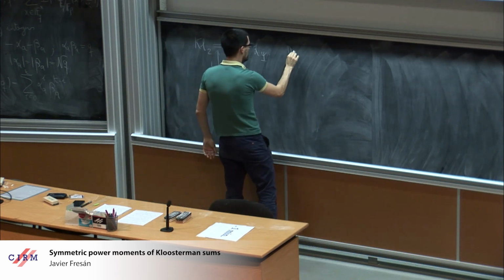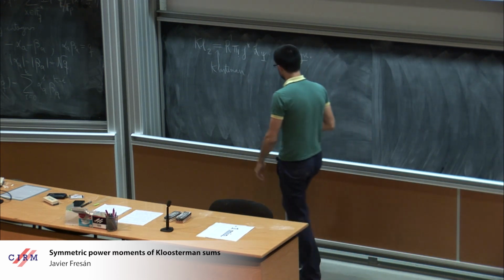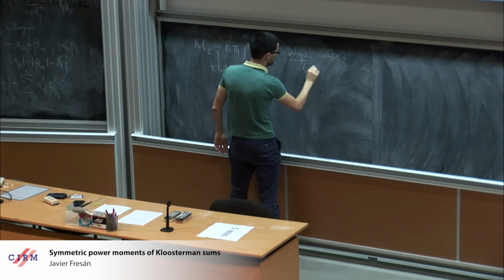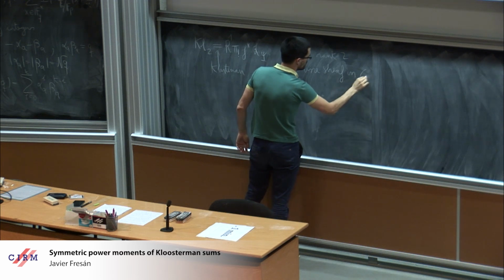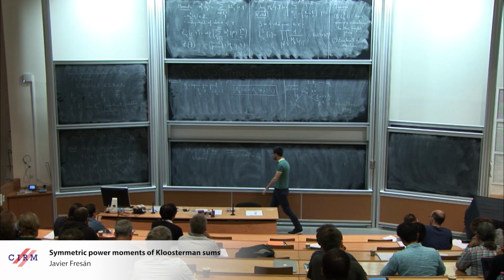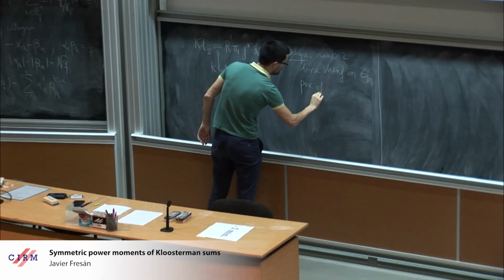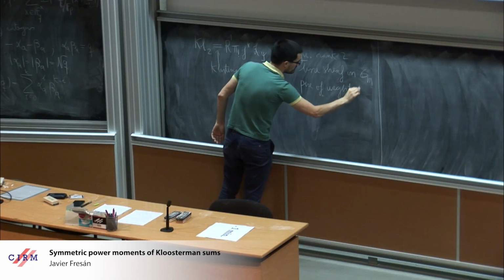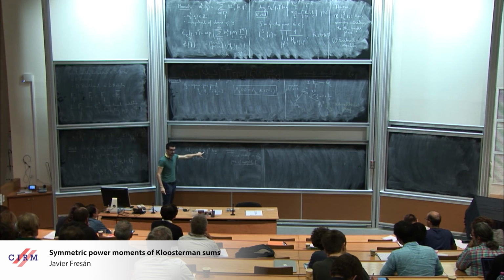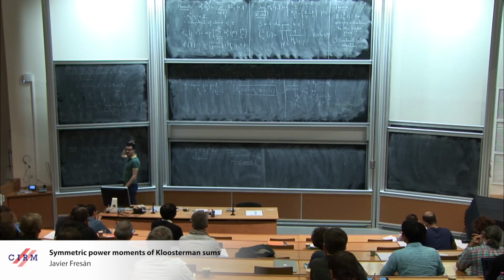And then Deligne proves that it is a rank 2 lisse sheaf on G_m. Okay, so an l-adic local system of rank 2 on G_m, and it is pure of weight 1. This comes from the fact that here I consider a compactly supported cohomology because this is the one which has a natural interpretation in terms of sums.